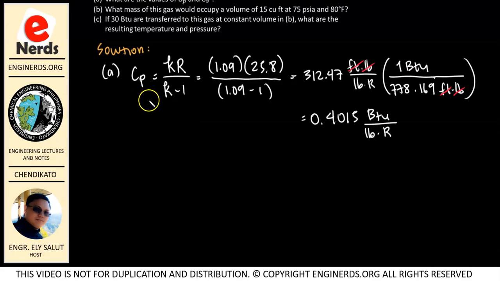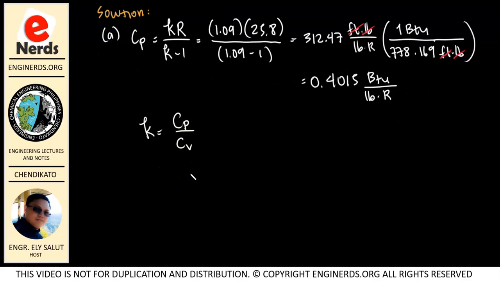Okay? So that is our CP. Now we know CP, but we don't know the value of CV. We know that K is equal to CP over CV. So we can get CV because our formula will be CV is equal to CP over K. Our CP is 0.4015, then our K is 1.09.